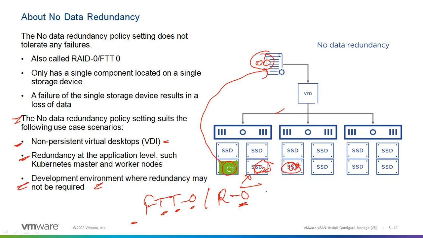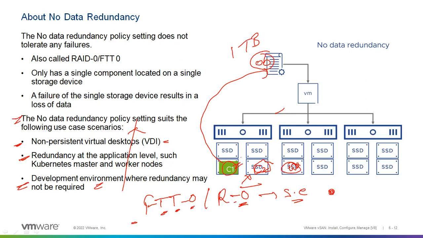These are some use cases for RAID 0 with FTT 0, where you will definitely get good space efficiency because you are not making data copies or witnesses. You are just making the original data copy. If your original data is 1 TB, it will only consume 1 TB underneath.